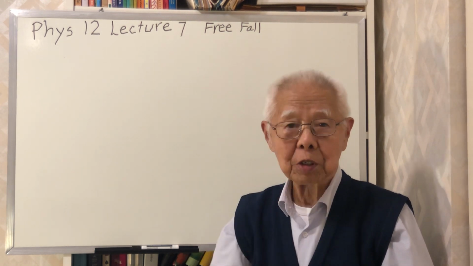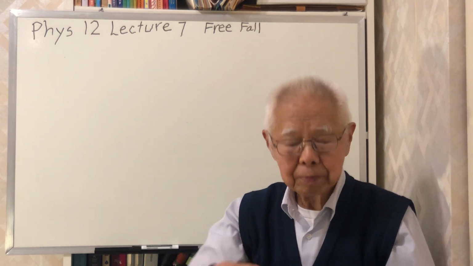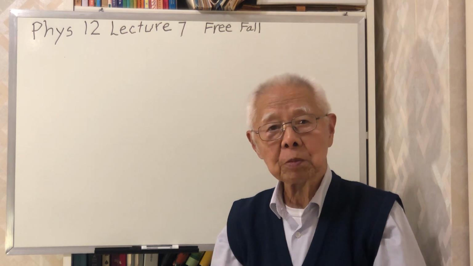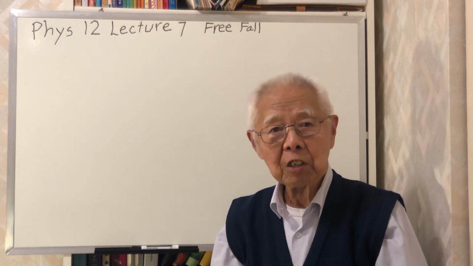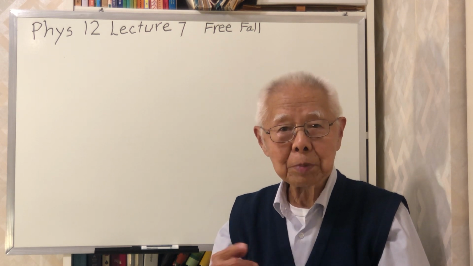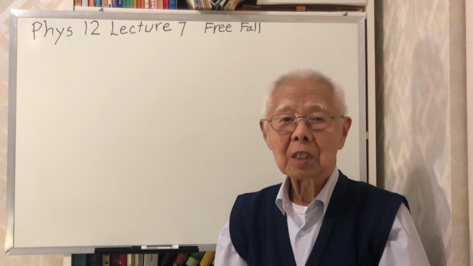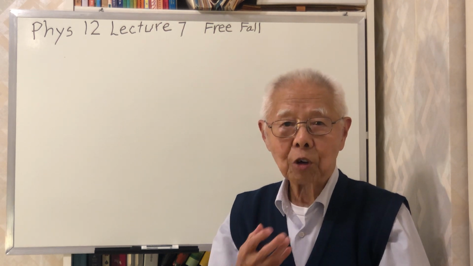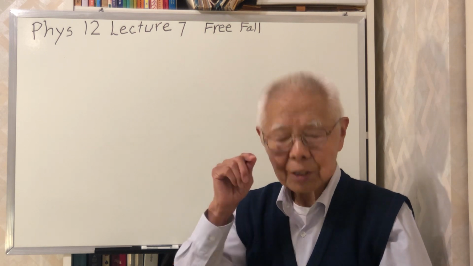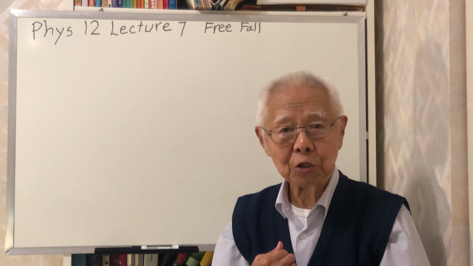The acceleration is obviously pointing downward. What is the value of the acceleration? The value is 9.8 meters per second squared. And this value is obtained by experiments. So 9.8 meters per second squared.